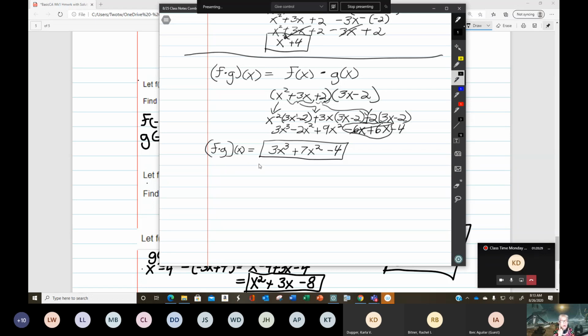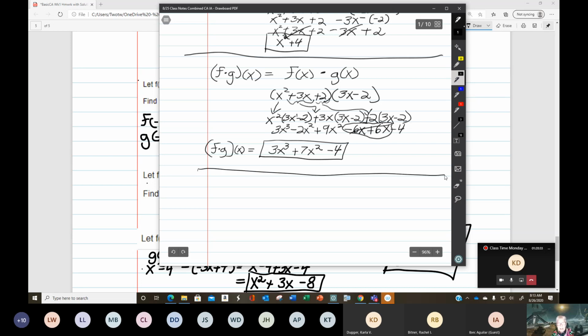Okay, one more thing. Division. If we take f over g of x, that'll be f of x divided by g of x.